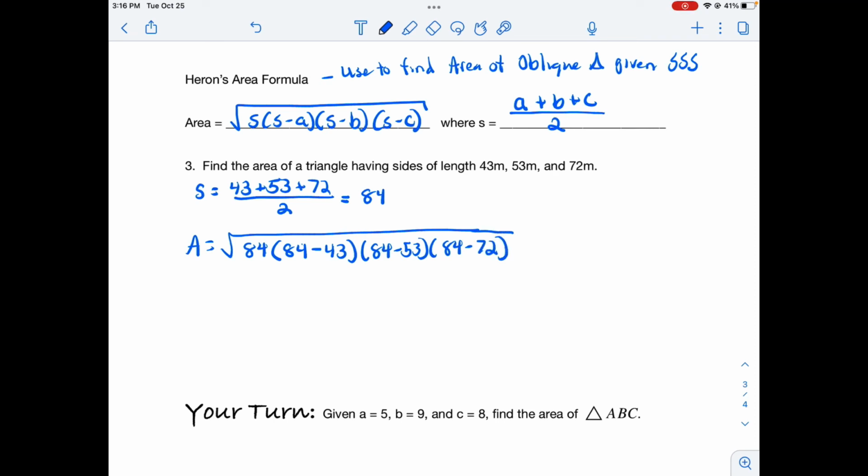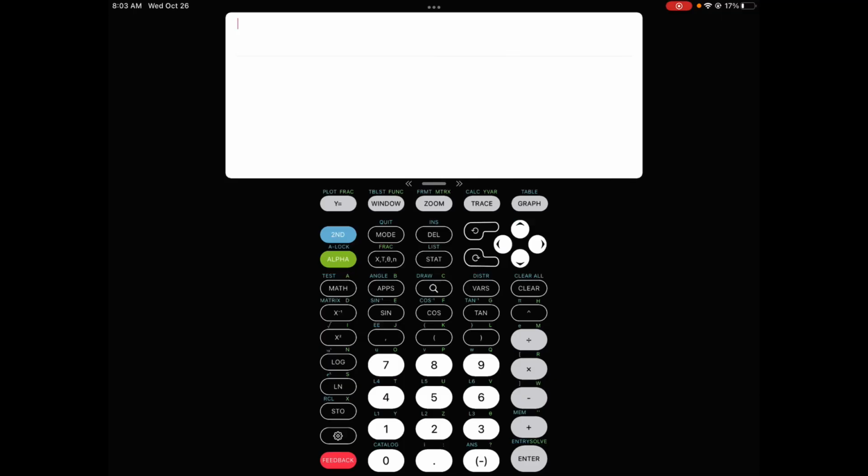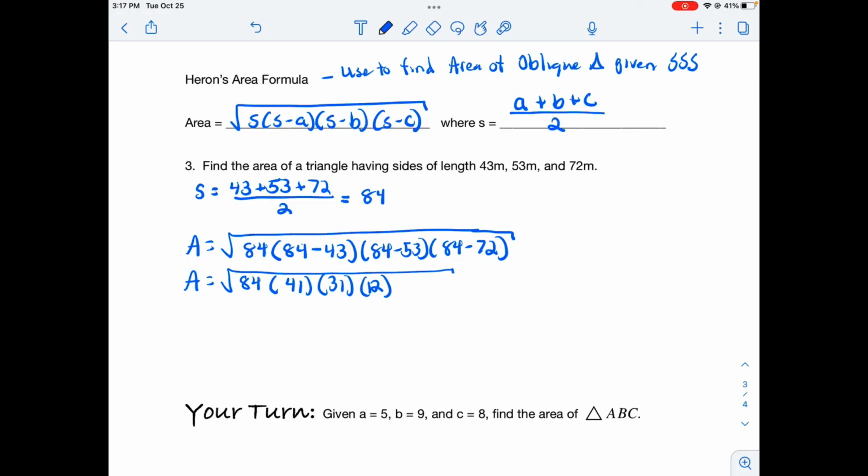So I want to do the easy subtractions here. And I get that area is equal to the square root of 84 times 41 times 31 times 12.